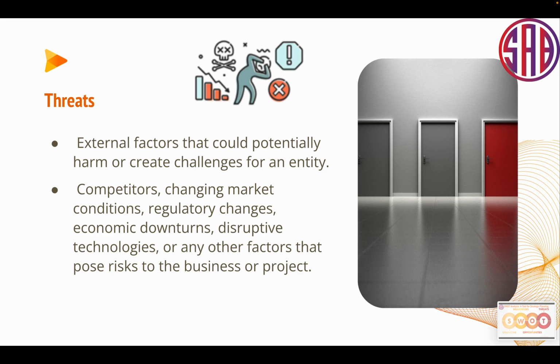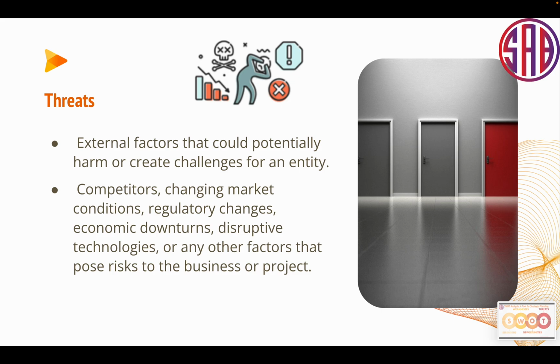We have economic downturns. We have disruptive technologies or any other factors that can pose a risk to the business. So understanding these threats helps you to develop strategies to mitigate their impact. So the moment you don't know the threats outside affecting your entity, it becomes a challenge for you to mitigate their impact.